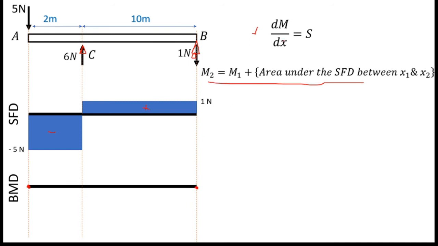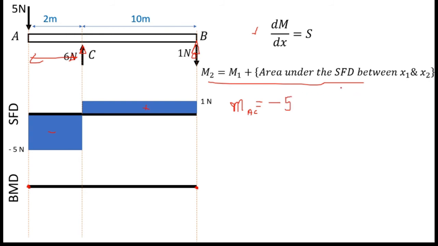Now we will see the shapes of this bending moment diagram. First I consider this segment, right? The slope of the bending moment diagram equals shear force. If I write m as slope, the slope of M_AC equals S, where S means shear force. If we consider the AC segment, you can see shear force equals -5. So that is a minus slope.